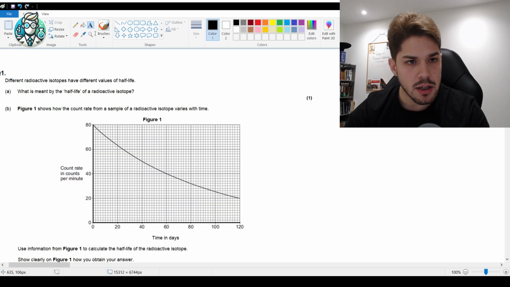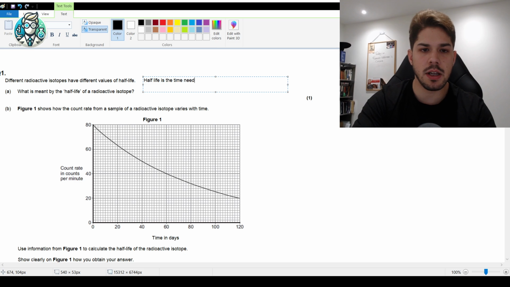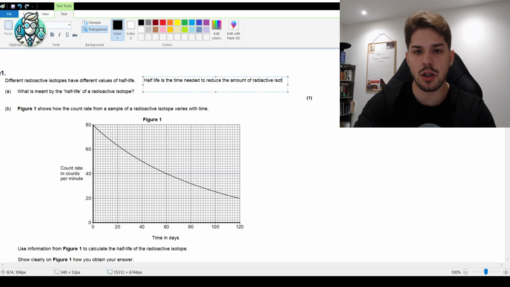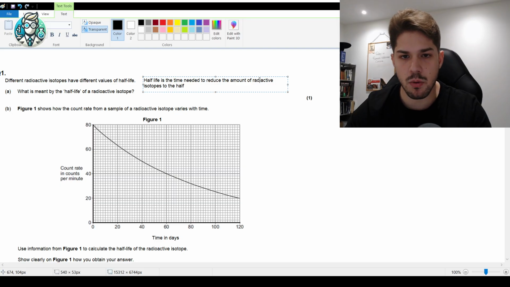Half-life, let me see if I can write in here. Half-life is the time needed to reduce the amount of radioactive isotopes to the half. What is the meaning of this? We have radioactive isotopes, all right?